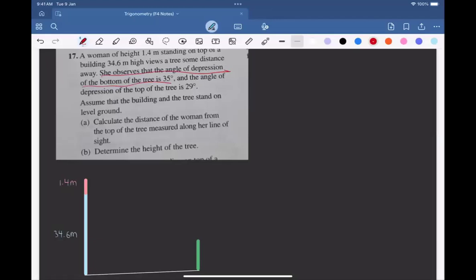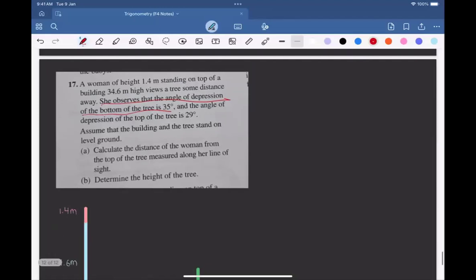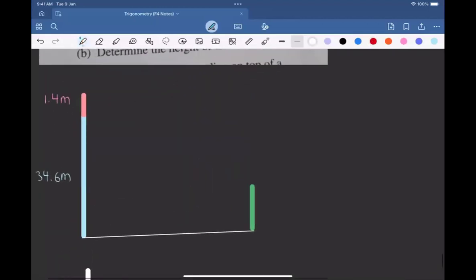She observes that the angle of depression of the bottom of the tree is 35 degrees. Right. So look at that carefully. That angle, is she looking at the top of the tree or the bottom of the tree? The bottom of the tree. Bottom of the tree, right?